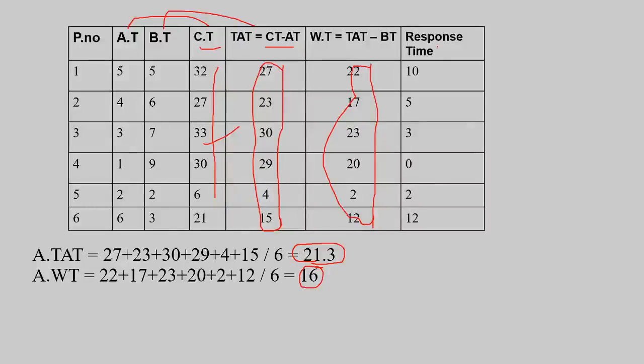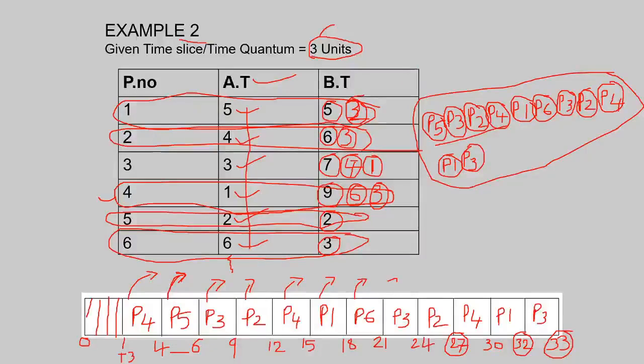And there is another column, response time. As I told you in the previous example, it is the process allotted time minus arrival time. So when the process was first allotted the CPU, that time you need to consider. So for the process P1, it is 10. So what was the allotted time of process P1? Check out.